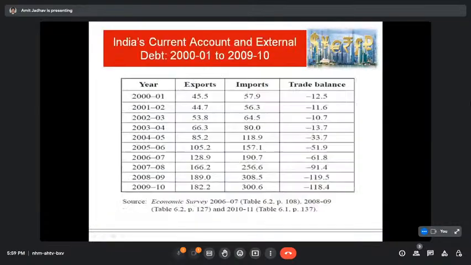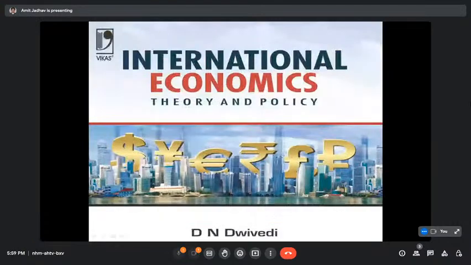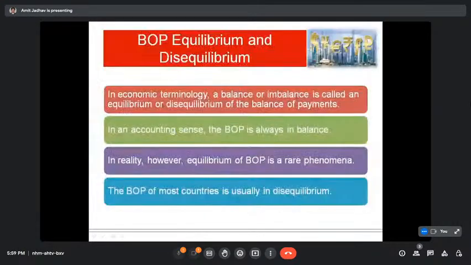So that is our discussion for today's lecture. Basically today we discussed balance of payment equilibrium. Now we have to conclude today's lecture. Today we tried to understand what is meant by balance of payment, the meaning, the content in the balance of payment, and the types of balance of payment, basically the deficit and surplus balance, and some accounts, the current and capital account. Afterwards, we discussed the kinds of balance of payment, and then BOP equilibrium and disequilibrium.